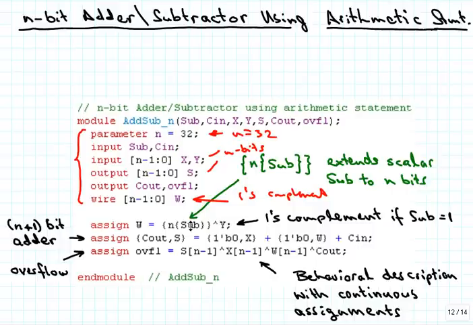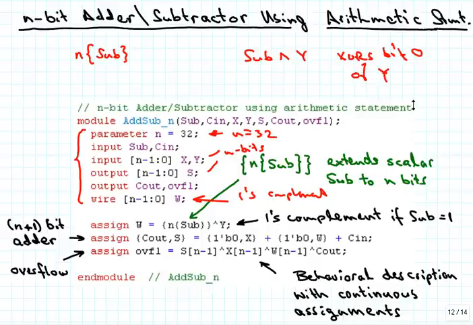Now here is an interesting construction. We have here an n and then a curly bracket SUB, like this. The reason why we have that here is that y is an n-bit quantity, but SUB is a 1-bit quantity. So if we would just be doing SUB XOR with y, that only XORs bit 0 of y and produces a 1-bit result. It actually does produce an n-bit output, if I do remember that right.